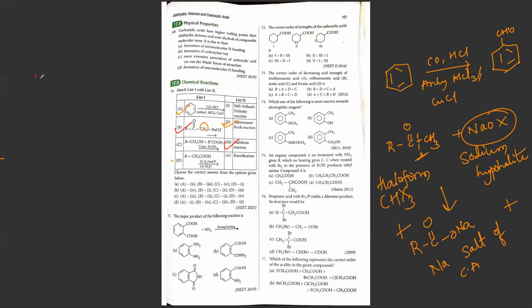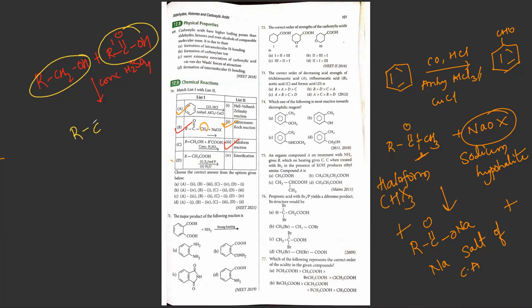Now the next one: R CH2OH plus R dash COOH in the presence of concentrated acid, H2SO4. What is this reaction? Whenever an alcohol and a carboxylic acid react in the presence of acid, they form an ester.